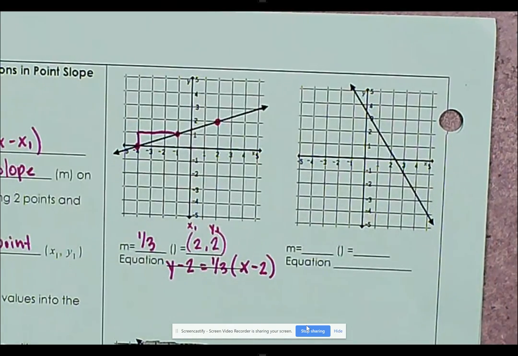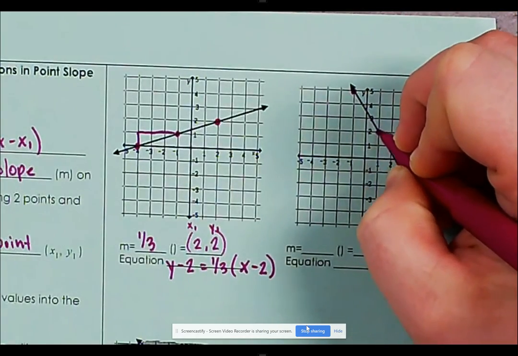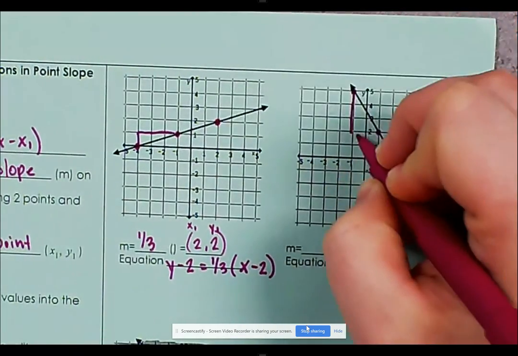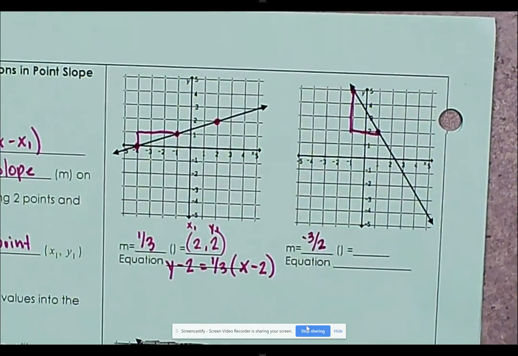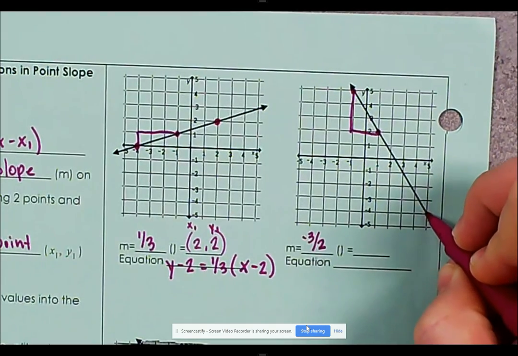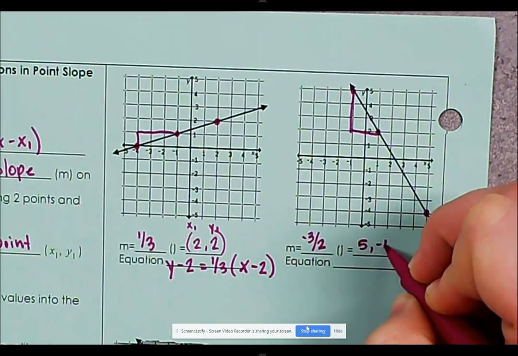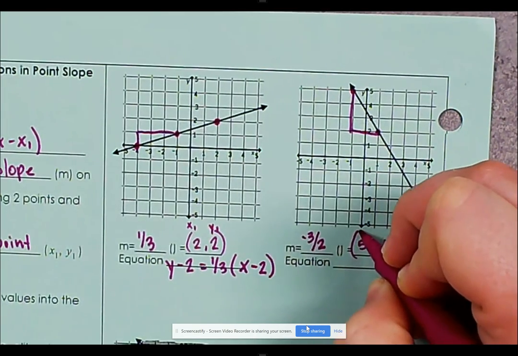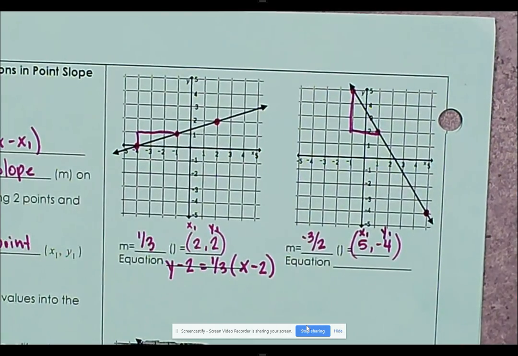Perfect points. I see a point here and a point here. So I need to go down 3, right 2. Negative 3 over 2. And then for my point, let's say I see a point here at 5, negative 4. Remember our first point, the first number is our x1, second is our y1.